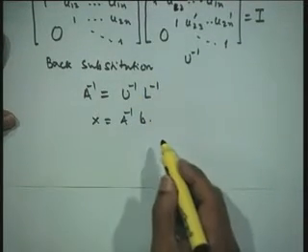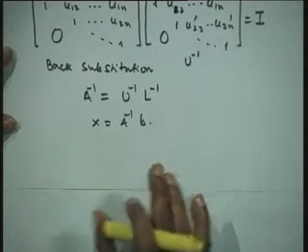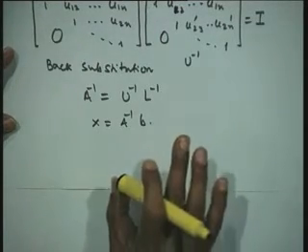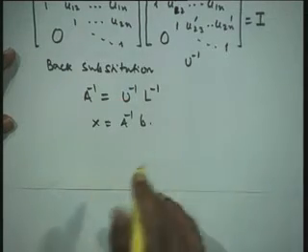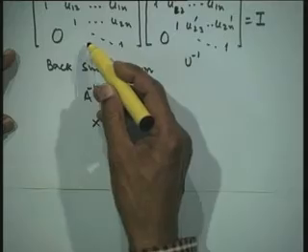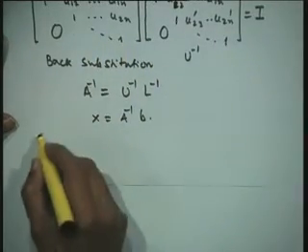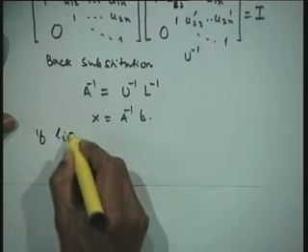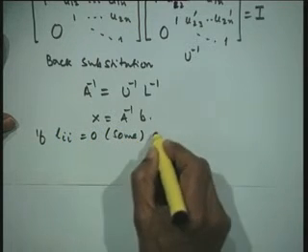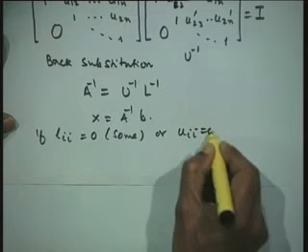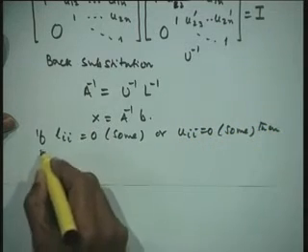Now, as we discussed in Gauss elimination also, if the pivot is 0 or very small, then the method may fail. Here also we will have a difficulty if any one of these pivots L ii or U ii, whichever procedure we are taking, becomes 0. So, it will fail only if some L ii is equal to 0, or some U ii is equal to 0, then the method fails.